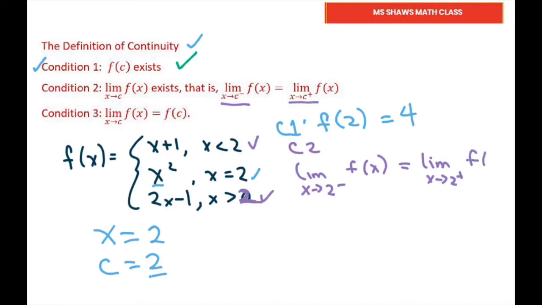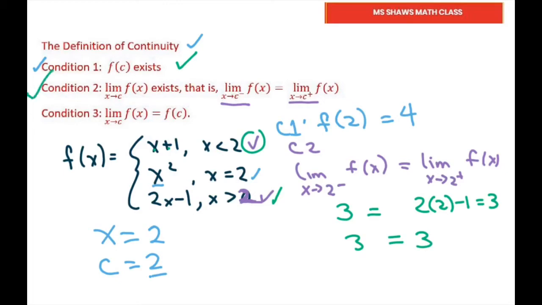So let's plug it in. We can do this mentally. When you plug 2 into this one, you get 2 plus 1, so this equals 3. And for this one, you plug in 2, and you get 2 times 2 minus 1, and that equals 3. So yes, condition 2 works. We have 3 equals 3.